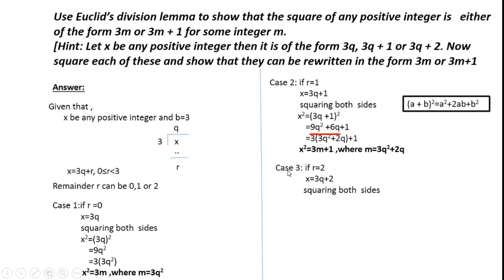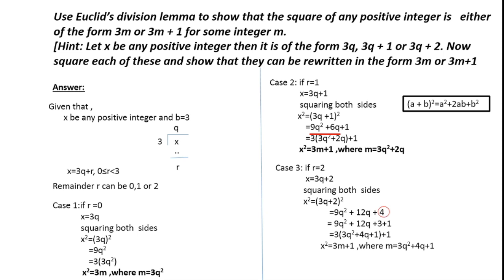The last possibility: if r equals 2, x equals 3q plus 2. Squaring both sides, x square equals 3q plus 2 whole square. This is 9q square plus 12q plus 4. This 4 we can split as 3 plus 1.